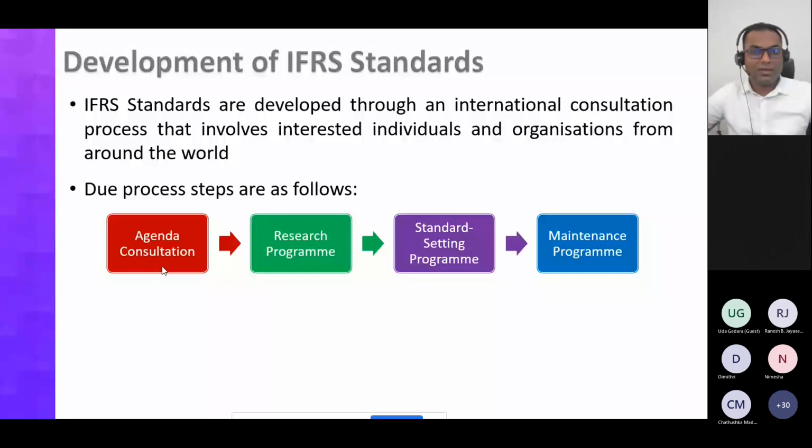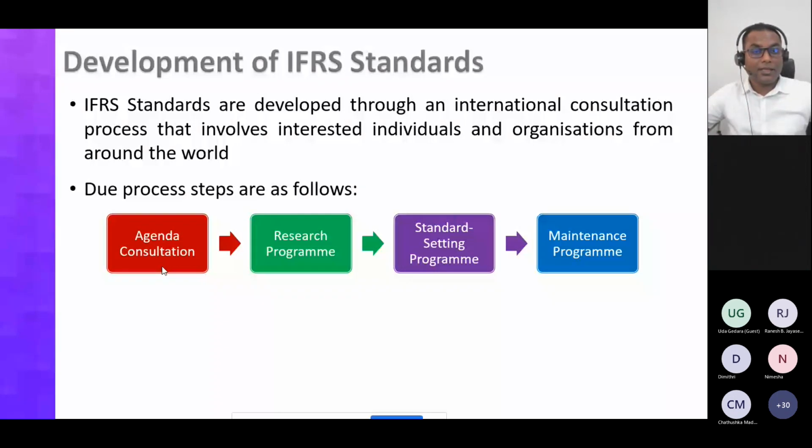For example, sometime back, they identified that we need to look at financial instruments, revenue, and leases. That's why IFRS 9, IFRS 15, and IFRS 16 were released. So you identify what would be our work plan for the next 5 years. That is the agenda consultation.